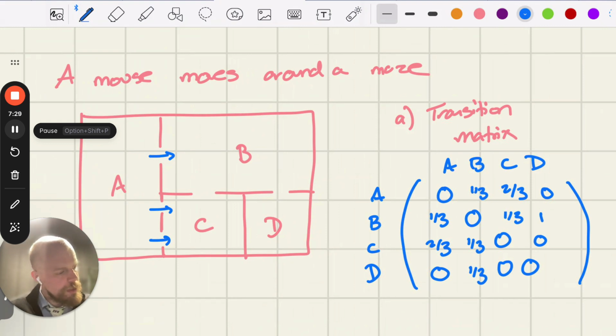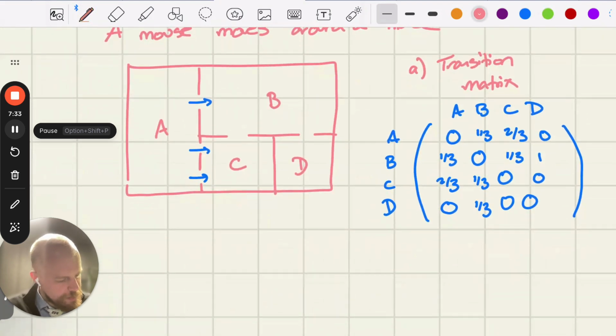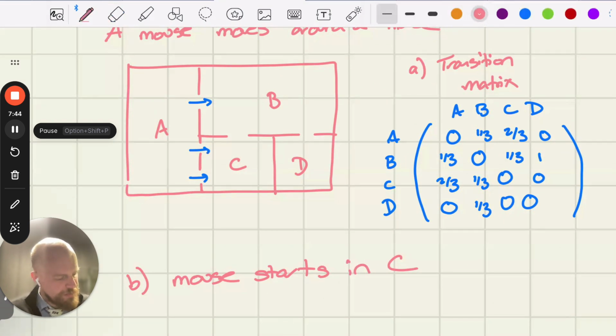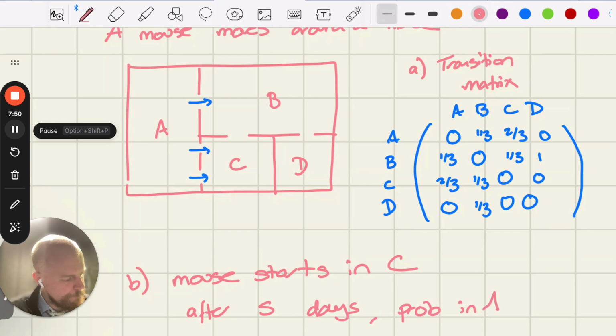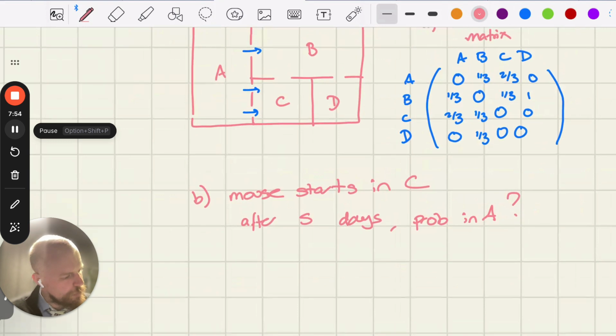Super important. Let's say part B is to work out, let's say the mouse starts in C. Let's say we want to know after 5 days, we want to know the probability that he's in A. So what I'm going to do is I'm going to take my transition matrix, we'll call this T. I'm going to raise it to the power 5 to start with.